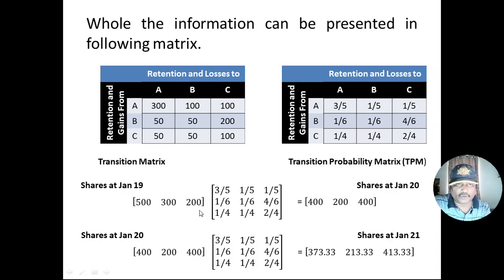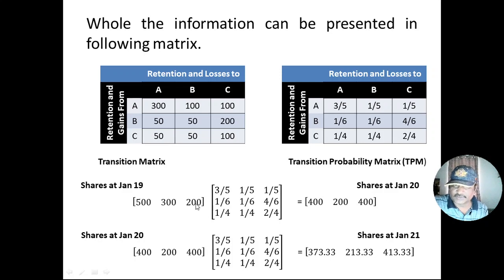Okay, what I am going to do, this market composition, I will process it by this transition probability matrix to get what will be the market composition of companies A, B, and C. So here we know that out of 500 customers of A, 3/5 of the customers out of 500 will be retained with A, and 1/6 of 300 customers of B will be gained by company A from B, right? And 1/4 of the customers of C.